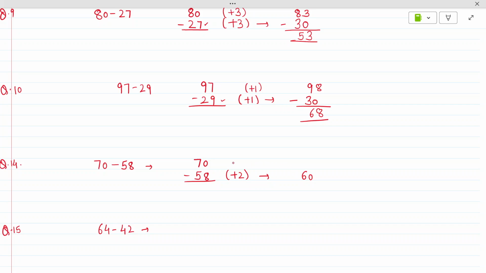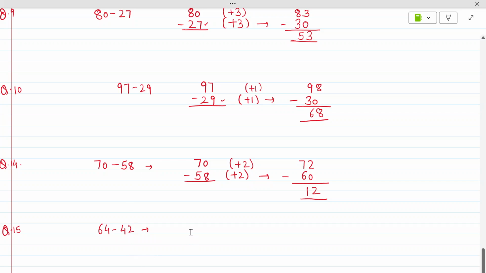Second step is add 2 to the other number also. Adding 2 to 70 here, we will get 72. Third step is to the two new numbers, do the normal subtraction. 2 minus 0 is 2, 7 minus 6 is 1. This is the answer. Okay.